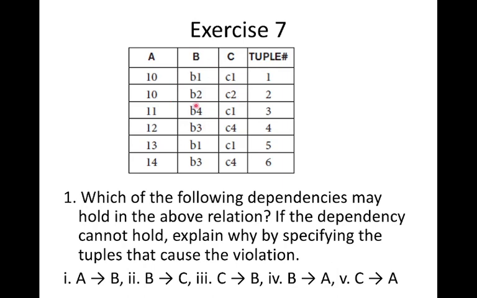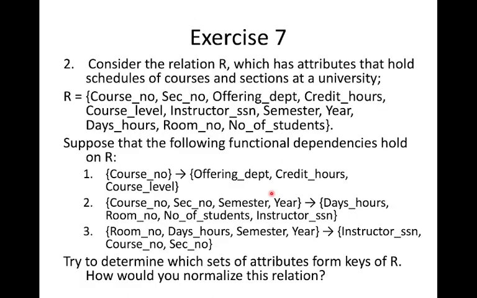Now you have to check whether B is functionally dependent on A, and if it is not, which rows violate it. So you have to check A to B, B to C, C to B, B to A, and C to A. You have to check which functional dependencies hold, and if one does not hold, explain why.